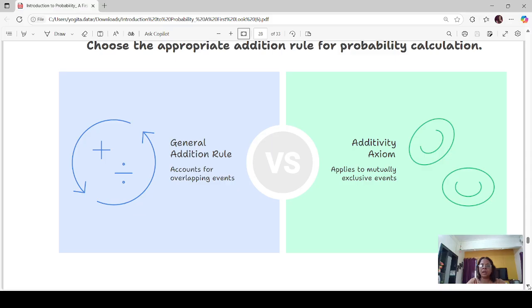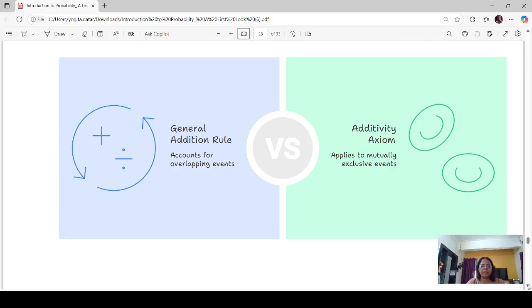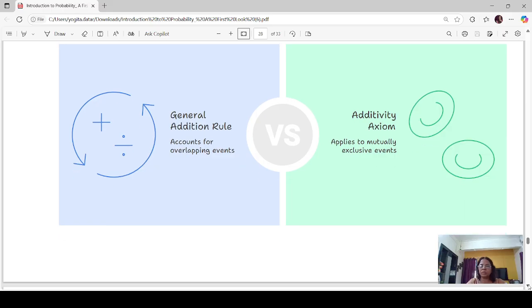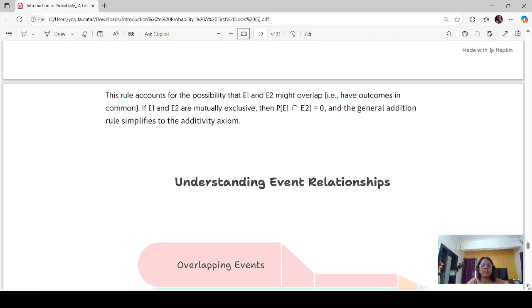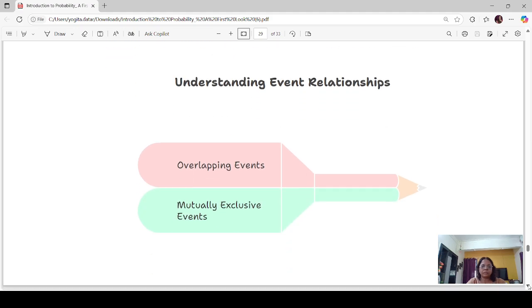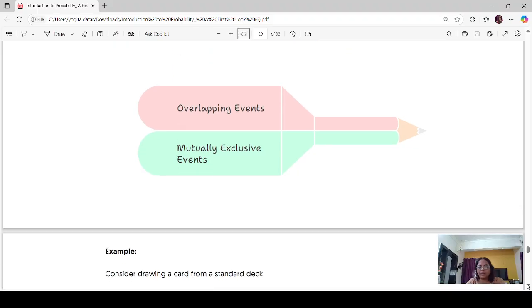Now we are having the additivity axiom as well as the rule for addition of probabilities. So according to the situation, we have to select the correct rule. If the events are overlapping, then we have to use the rule which is similar to inclusion exclusion principle. If the events are not overlapping, meaning the events are mutually exclusive, just like even number event and odd number event, then we have to use just the addition of probabilities.